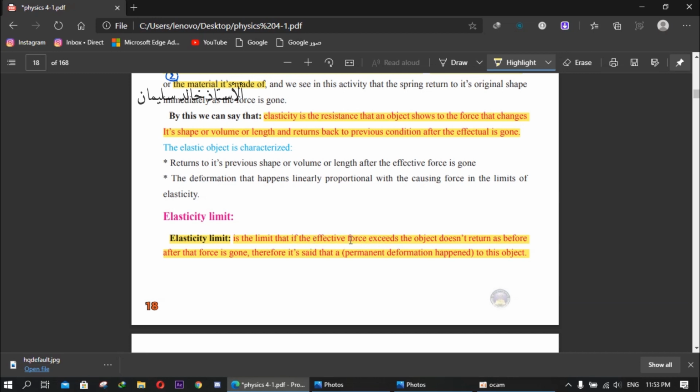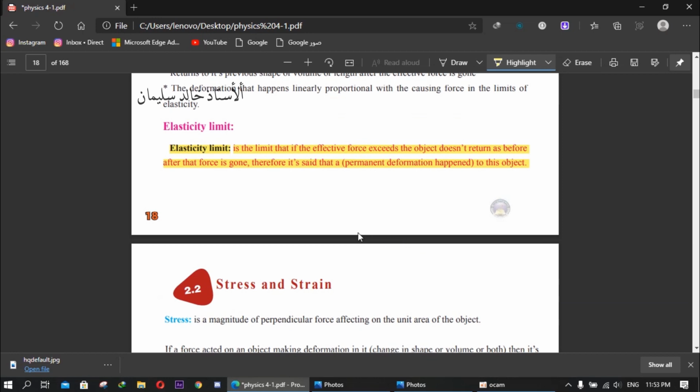If the effective force exceeds it, the object doesn't return as before after that force is gone. Therefore, it's said that permanent deformation happened to the object.